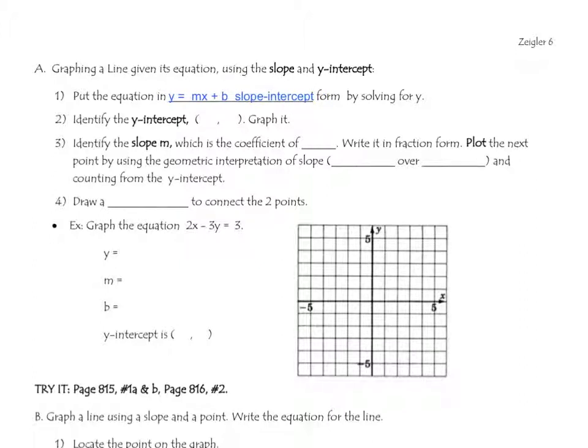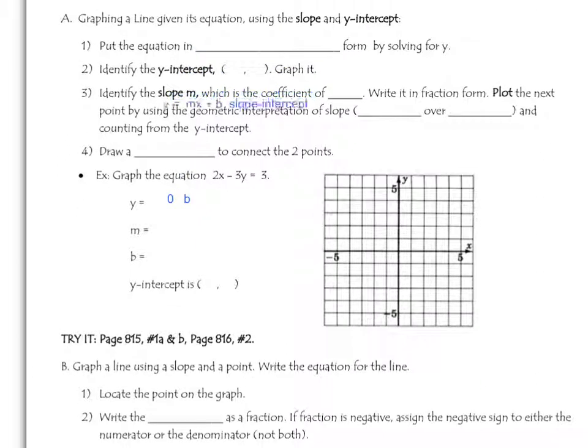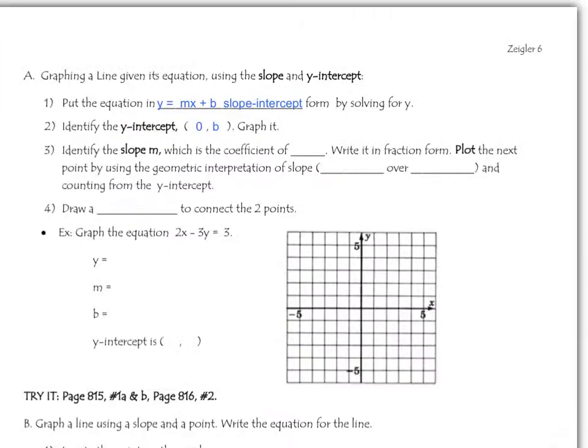And then from that equation, we can find the y-intercept, which is going to be (0, b), and we can plot that point on the graph. The third step is to identify what the slope m is, which is the number in front of your x, or the coefficient of x.